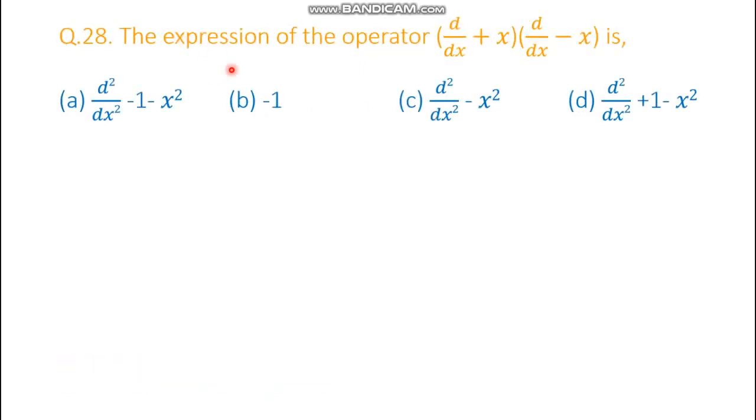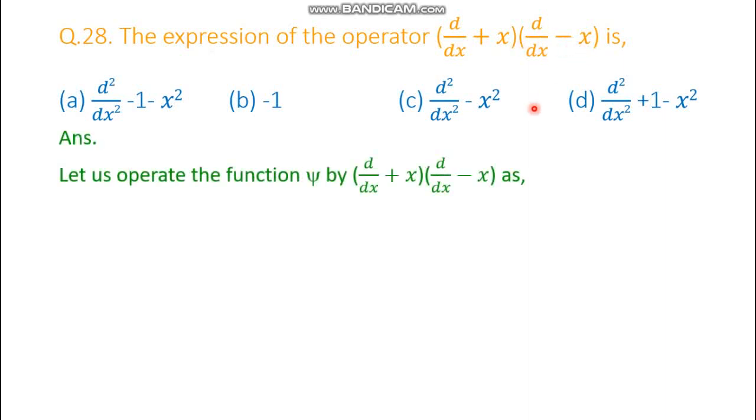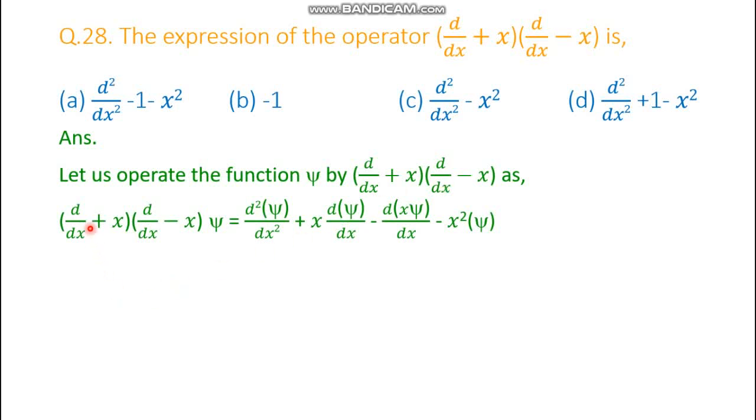Now next question, question number 28, and we have to find the value of the operator d/dx plus x into d/dx minus x. So what is its value? Let's determine. Let's operate on the function psi with this operator. So here (d/dx plus x)(d/dx minus x) psi. Now d/dx and d/dx merge to form d2/dx squared of psi.